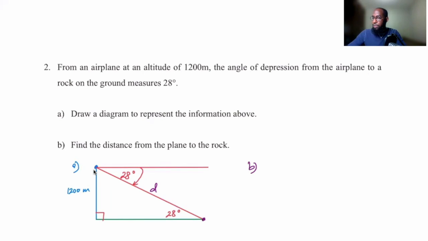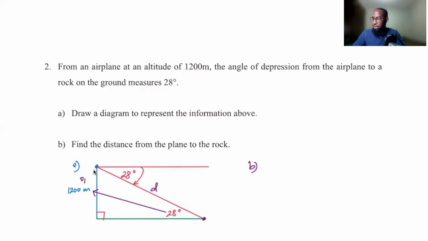So we have to label our triangle from the acute angle. This is opposite. Where the right angle is pointing to, this is hypotenuse. This is adjacent.